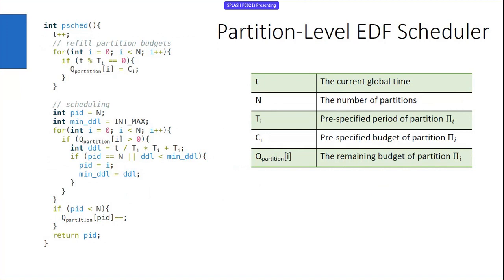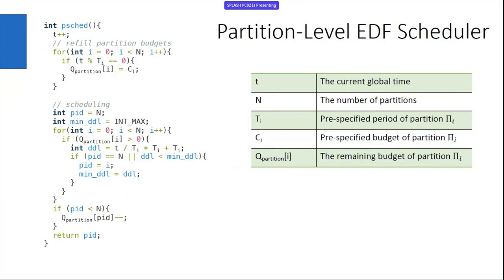So the first loop simply initializes: at moment t, if t is divisible by Ti, then you refill the budget. This is the amount of work Ci you need to do in the next period Ti. Once you initialize this, you try to find the earliest deadline.